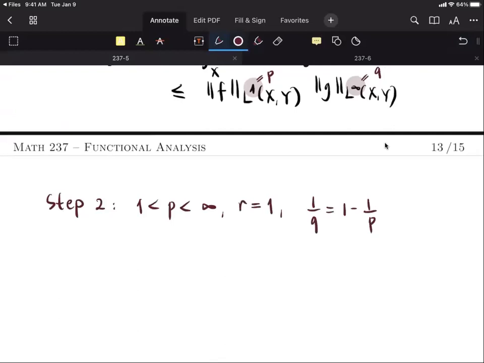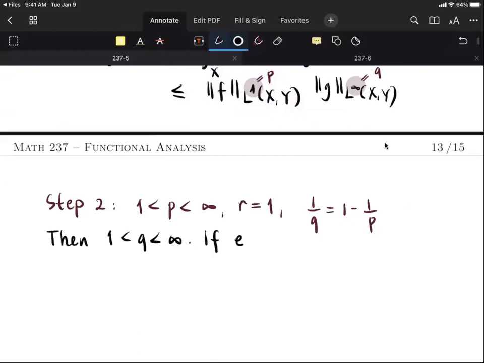Okay, and if P is finite, greater or equal to 1, one can see that indeed Q is also between 1 and infinity. Okay. So to prove the next step, so if either, let's say, let us consider special cases.